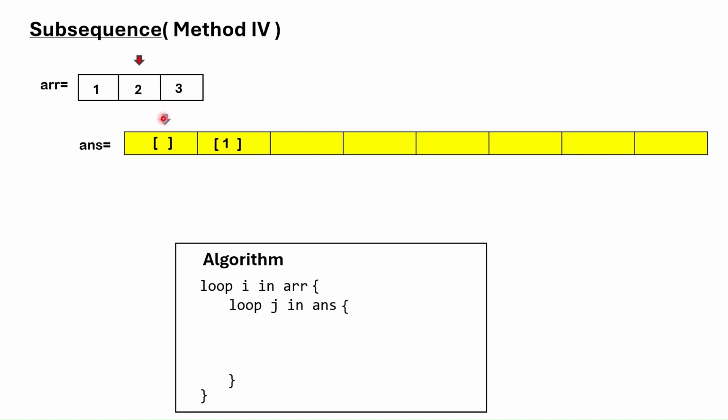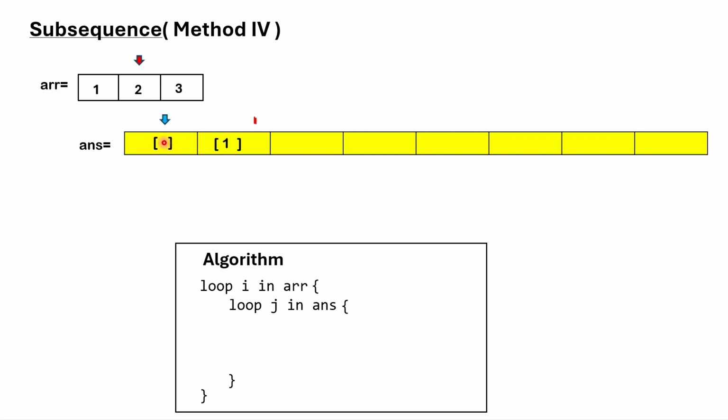Now this time my answers array size is 2, so this pointer will move 2 times, till this element.